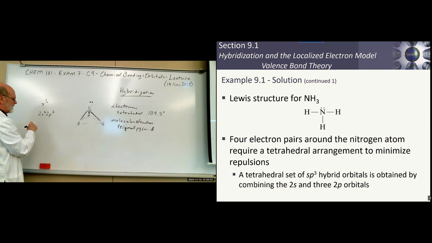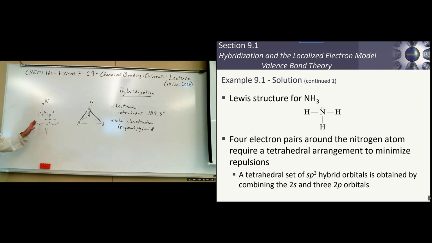So if we're going to hybridize this like we did the carbon in methane, how can we do it? Well, one of the rules is the number of orbitals that go into a hybridization has to be exactly the same number that come out. So if we go in with 1 here and 3 here, we have to come out with 4.